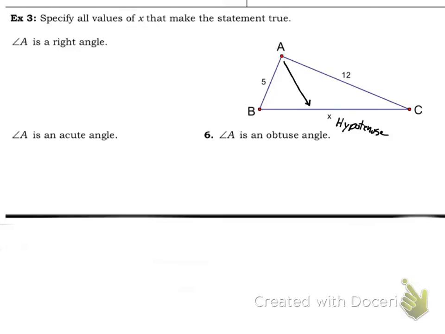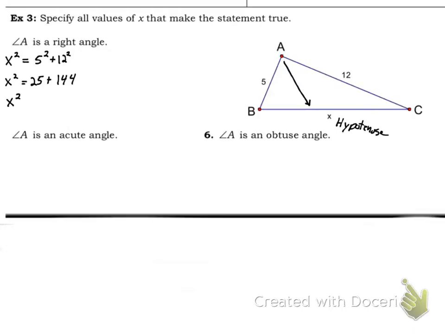So to make it a right angle, I would need x squared to actually equal a squared plus b squared. So that would be 5 squared plus 12 squared. So I'm going to have x squared equals 25 plus 144.